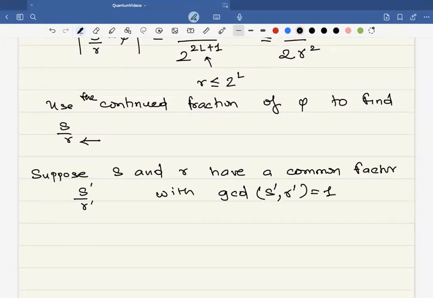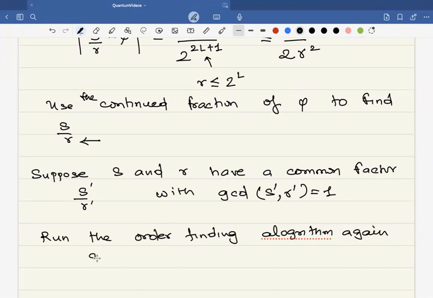That's because the continued fraction algorithm always returns the fraction in the lowest terms. But instead of S over R, we'll get S prime over R prime, where R prime is some divisor of R. So in this case, the adjustment we have to do is to run the order finding algorithm again.